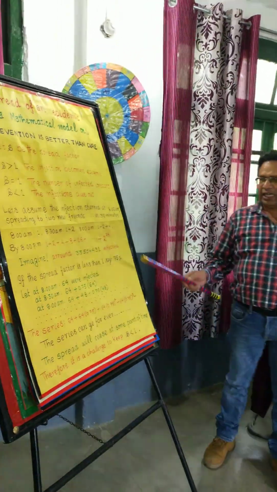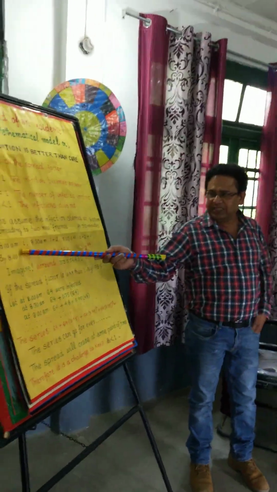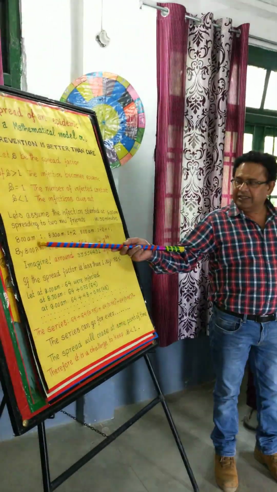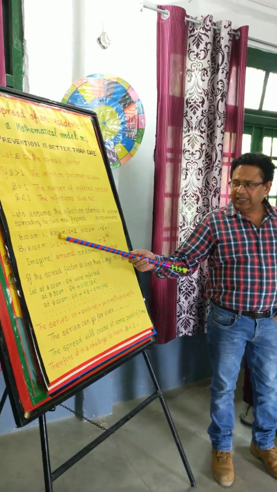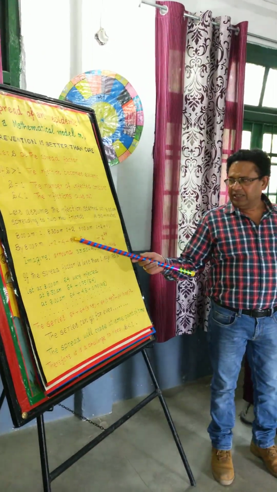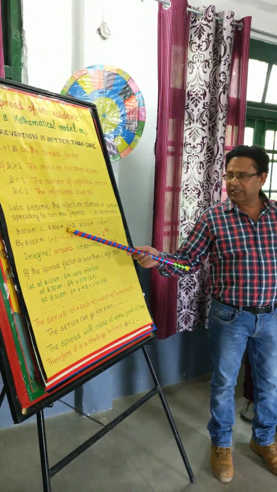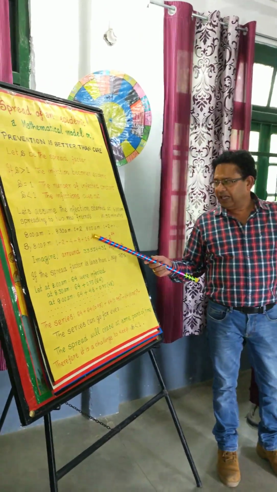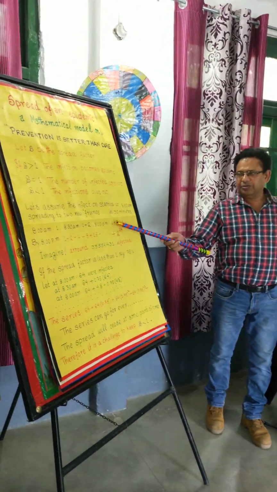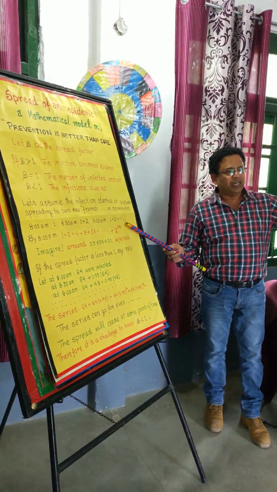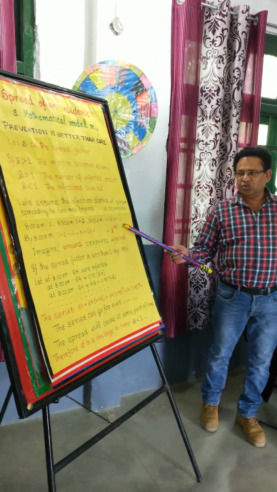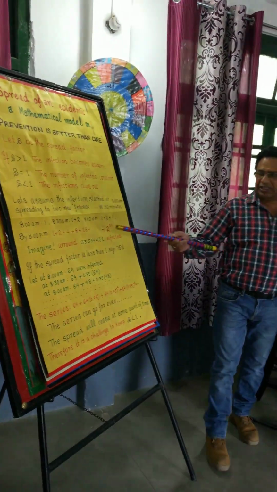Can you imagine, if one person is infected by a disease at 8 a.m. and at 8:30 a.m., after half an hour, he or she infects another 2 persons, and by 9 o'clock it becomes 1 plus 2 plus 4, and the series goes on multiplying in a geometric way.